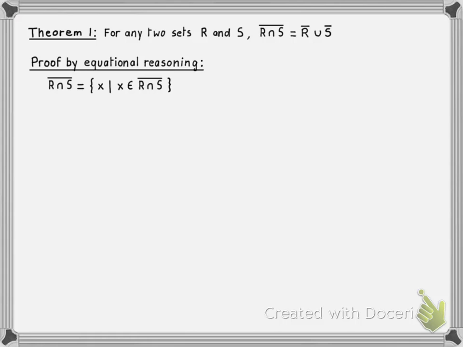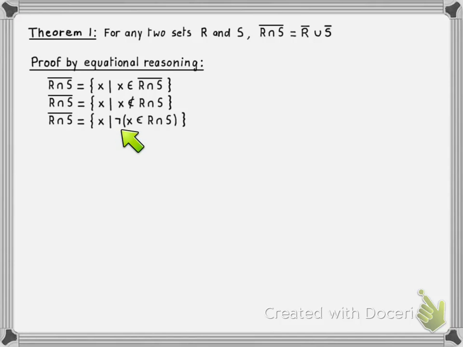So let's do that. What does it mean for X to belong to the complement of R intersect S? Well, that just means that X does not belong to R intersect S. Now, this symbol here is really a shorthand for a negation statement. So let's write it down in logic.